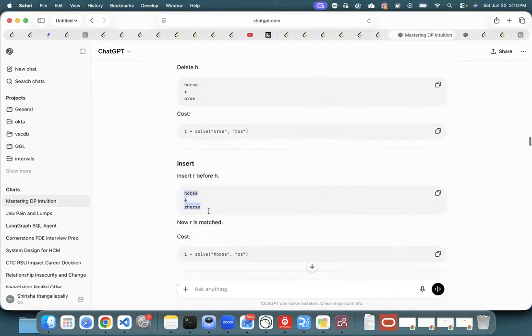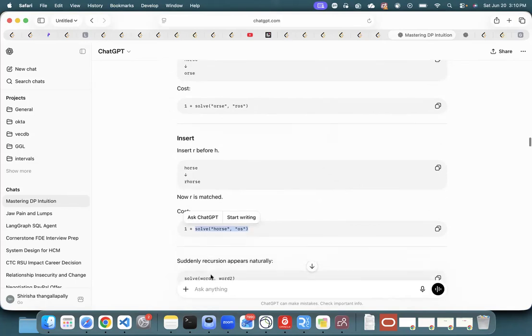So insert here is this, and you have to solve the HORSE with OS.